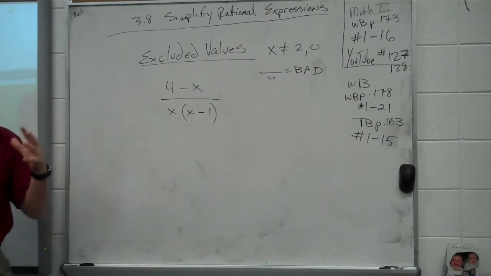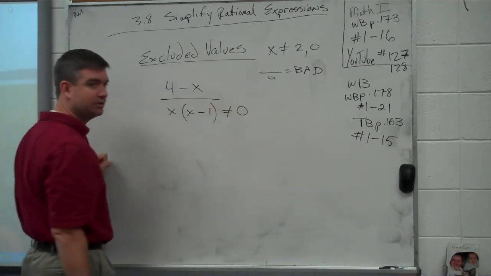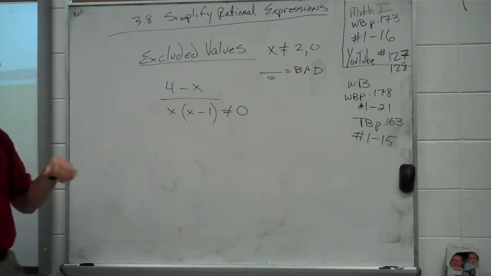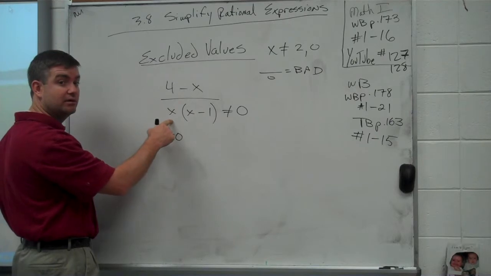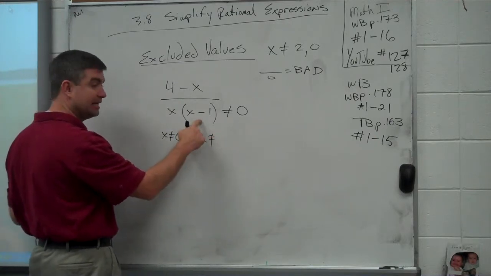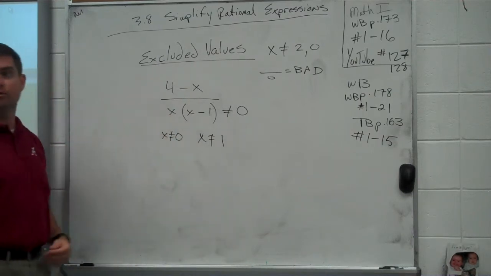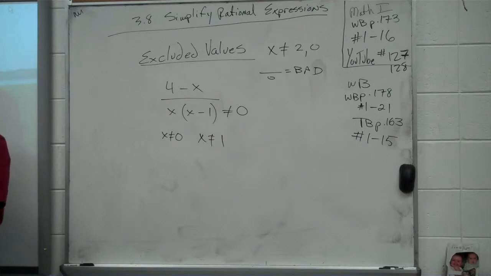What you are actually doing here is setting the denominator not equal to 0. And you're looking at it and saying, well, x can't equal 0, and what else can x not equal? Positive 1. Why? Because if we stuck in 0, we'd get 0 in the denominator. If we stuck in 1, we'd get 0 in the denominator.